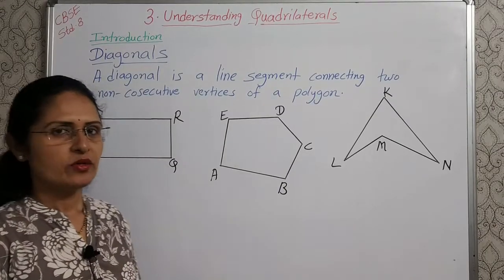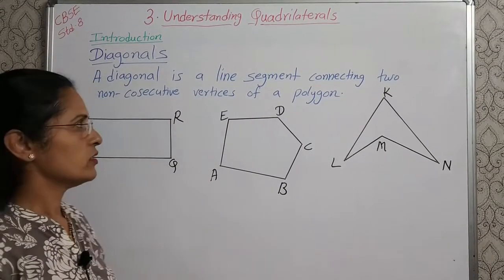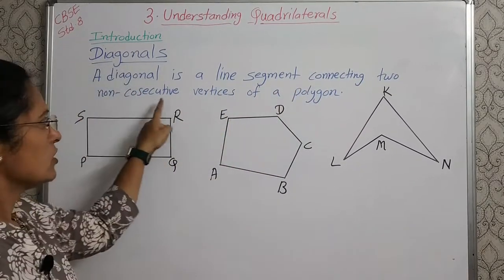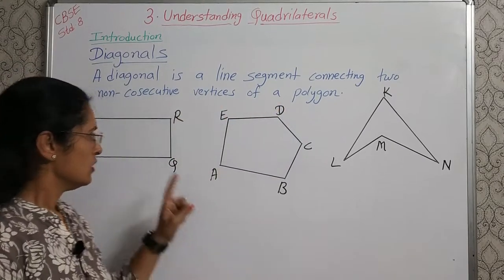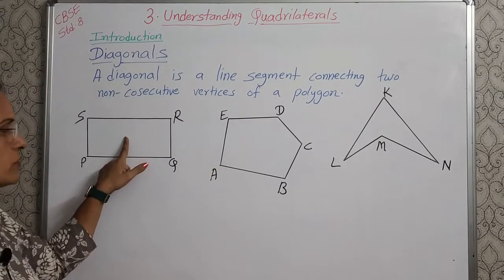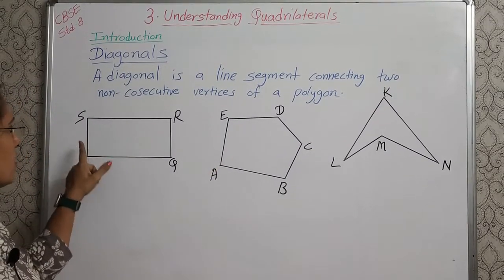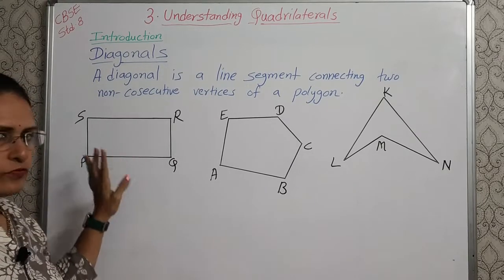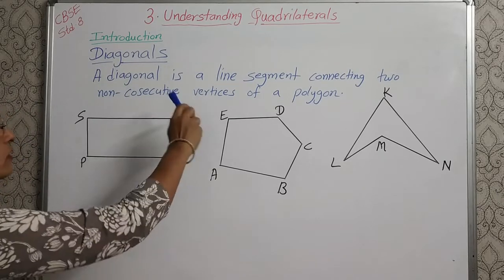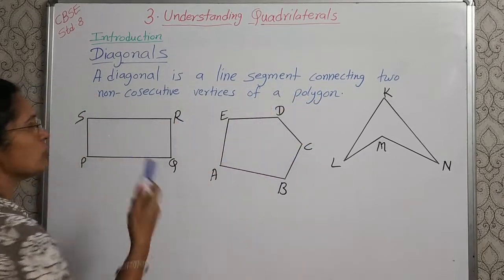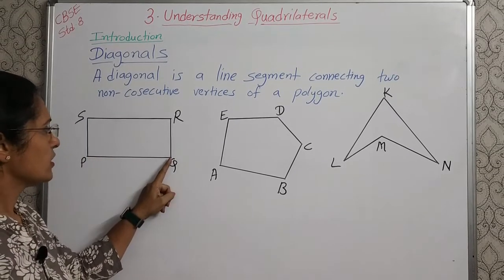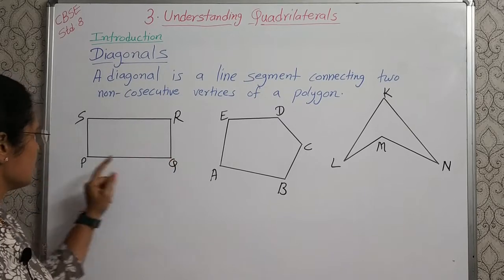Next, we will see what are diagonals of a polygon. A diagonal is a line segment connecting two non-consecutive vertices of a polygon. Now see here, I have already drawn 3 different polygons. The first is a 4-sided figure, a 4-sided polygon. It is a quadrilateral. Now here, a line segment connecting two non-consecutive vertices. Vertex P and vertex Q are adjacent vertices.